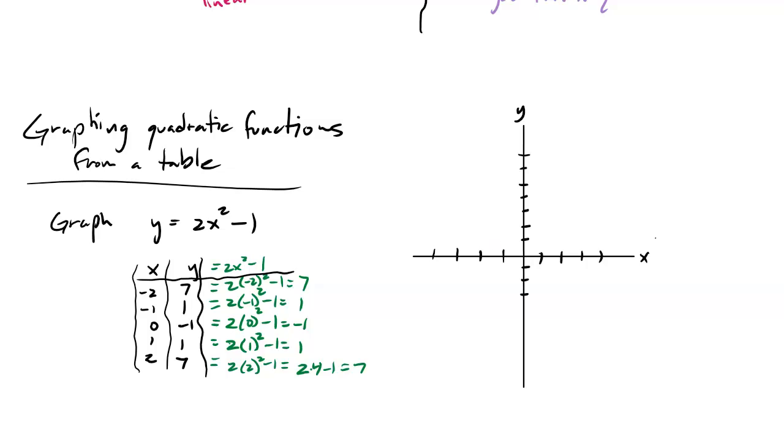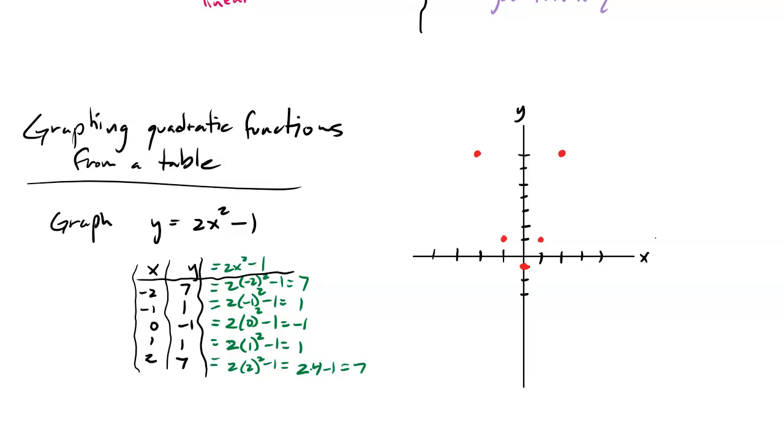Okay, so my first point was at negative 2, 7. Negative 1, 1. 0, negative 1. 1, 1, 2, 7. So whenever you graph quadratics, they're not going to make a straight line.